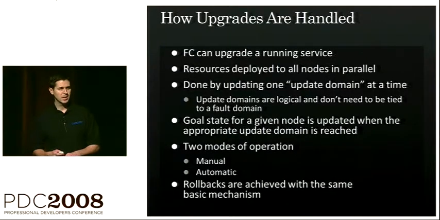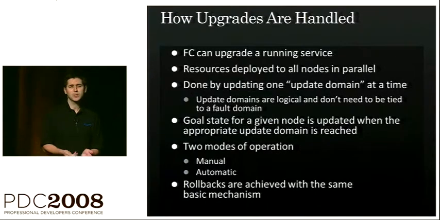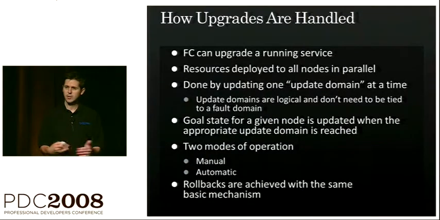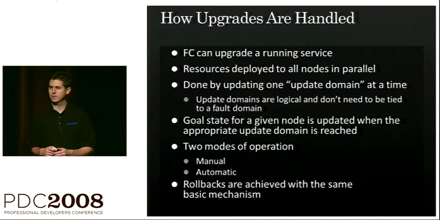What this means is, if as part of your update, the only thing you changed was a configuration setting, and maybe you only made that configuration setting for a particular role type, and your other roles weren't affected, it basically means the upgrade is instantaneous for your other roles. And for the role that did have the config setting change, the only thing that changed was that one config setting.